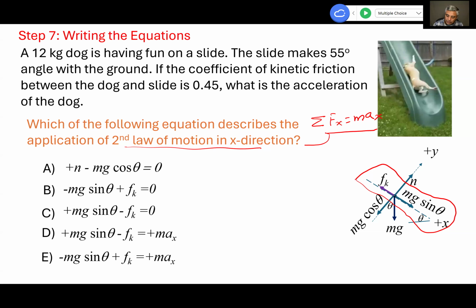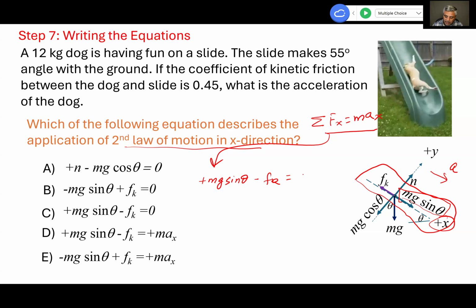So that means to expand this, mg sine theta is pointing downhill and that is positive. So I like to write that one first. And then Fk is opposite of that. So that's that, and that is equal to mass times acceleration. In this case, the dog is accelerating downhill, we said.